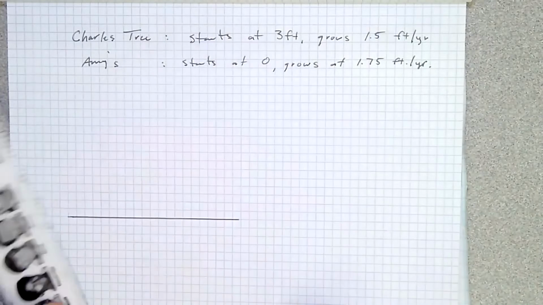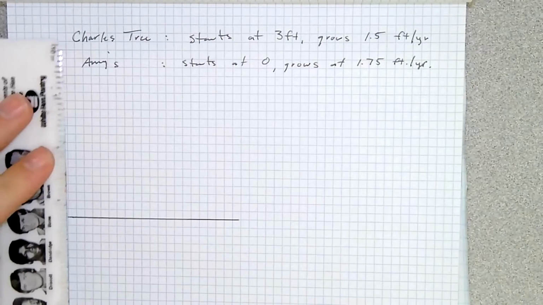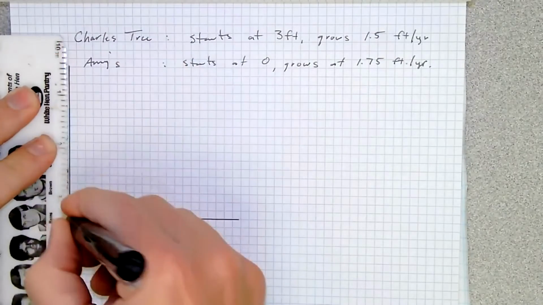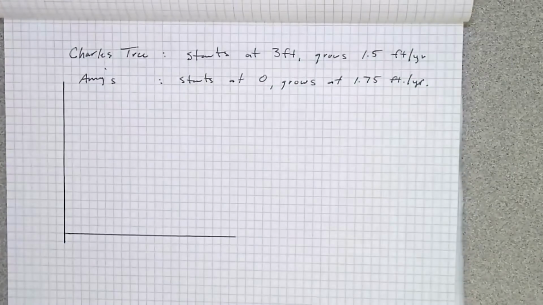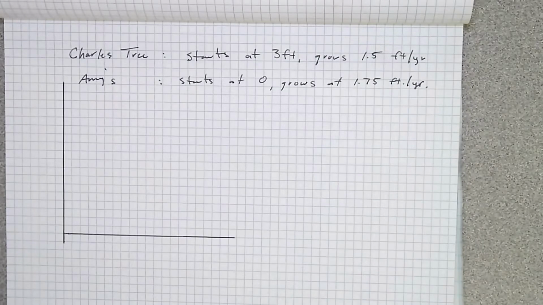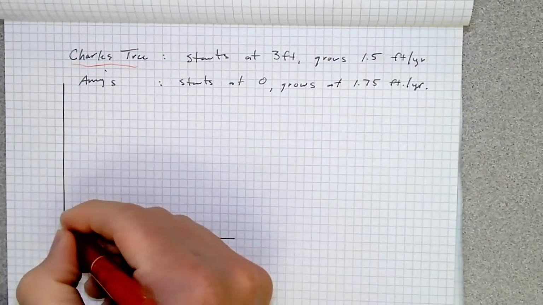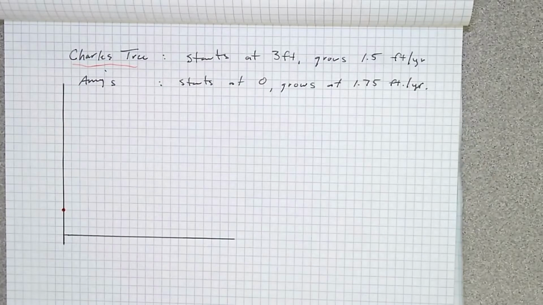Then you got Amy's tree, which starts at 0 feet and grows 1.75 feet per year. So one thing I've seen people do is make a graph, which is fine. Let's say Charles's tree starts at 3 feet, 1, 2, 3, and it grows 1.5 feet per year.